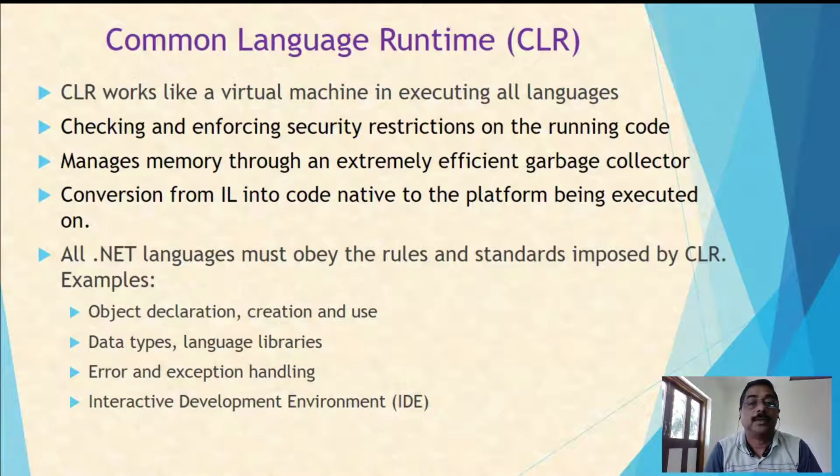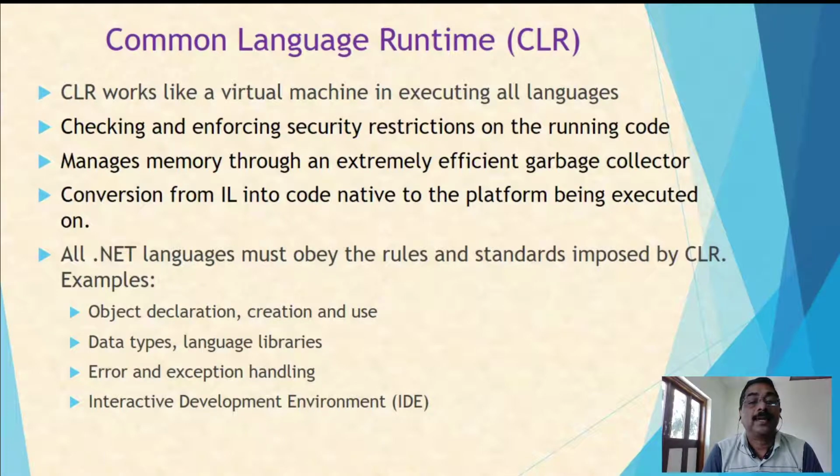As we know, we learned about the different components of .NET architecture. One of the very important components is Common Language Runtime, also called CLR. So how does the CLR work? It works like a virtual machine in executing all languages.